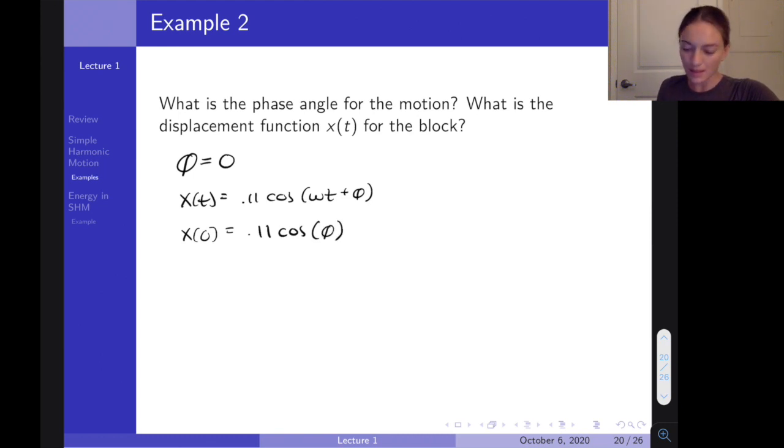And we know that at t equal to 0, the position was 11 centimeters, its maximum amplitude, its maximum position. So we have 0.11 equals 0.11 times cosine phi. So cosine phi has to be equal to 1, right? And that happens when phi is 0.